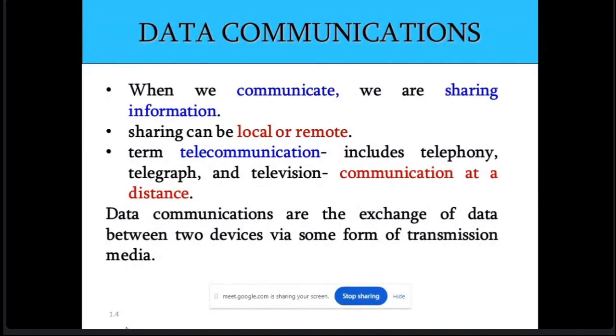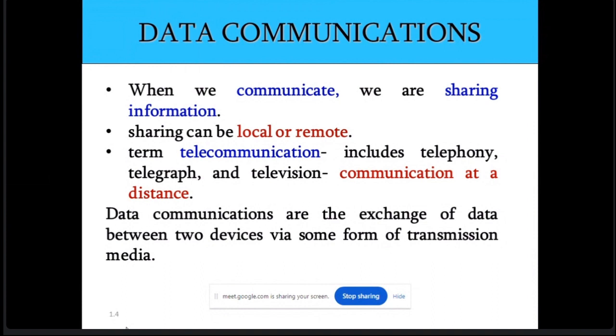Whatever data it may be, whether it may be image data, video data, or text, it should be converted into bits. After converting into bits, it will be converted into signals. From these signals, we may transmit from the sender to the destination, or to the receiver.